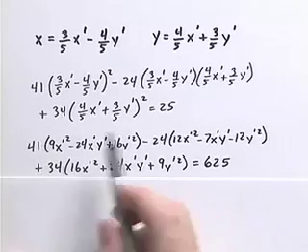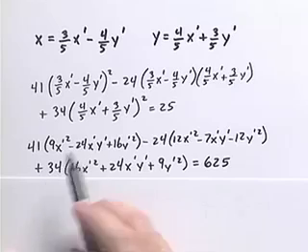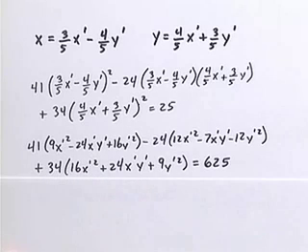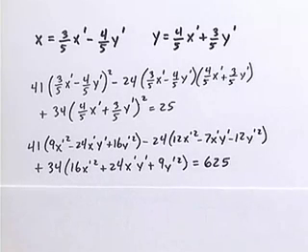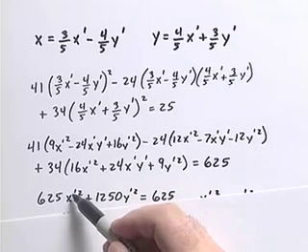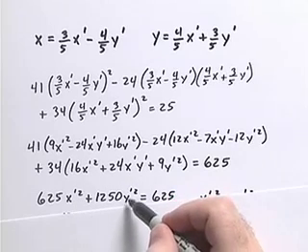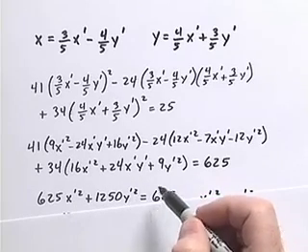If we distribute our 41, the negative 24, and the 34, and then simplify by collecting like terms, a lot of stuff will go away, and we're going to be left with 625x prime squared plus 1,250y prime squared equals 625.